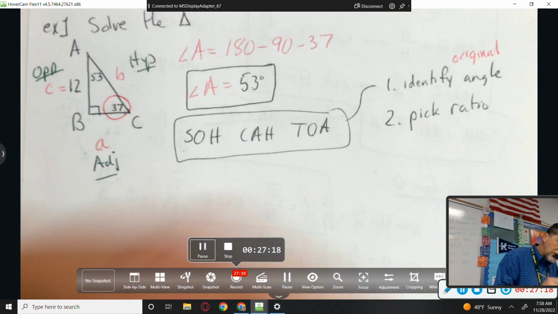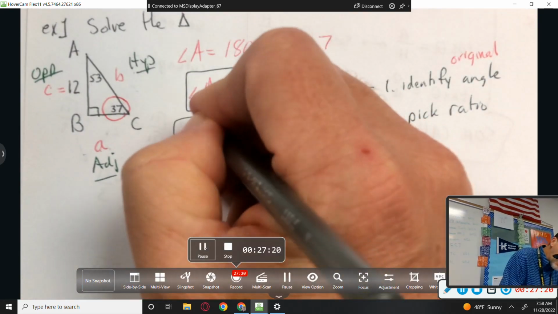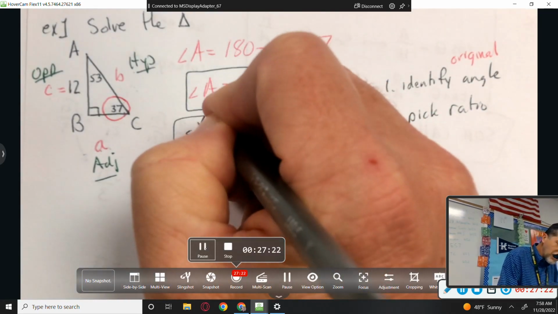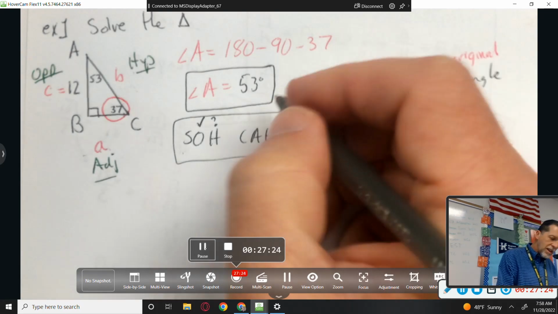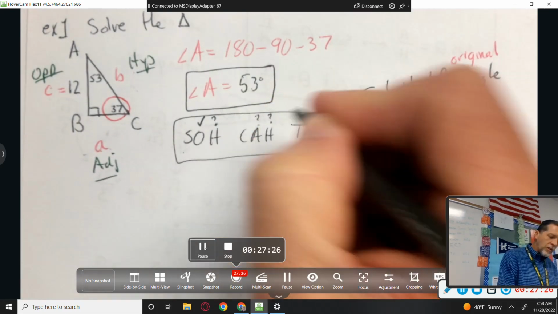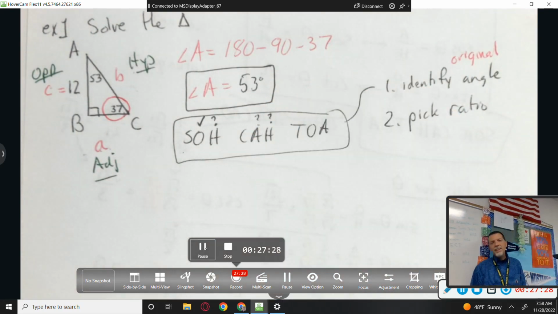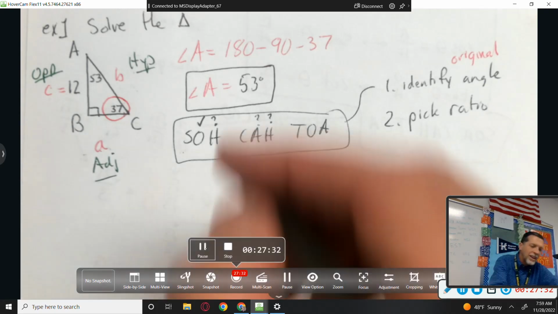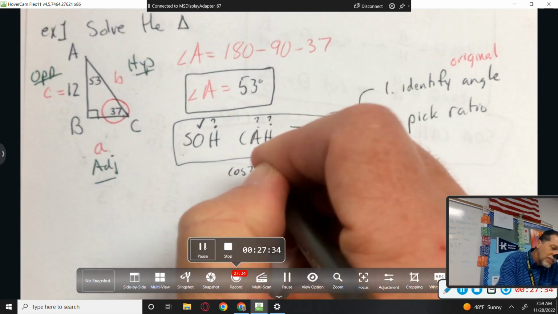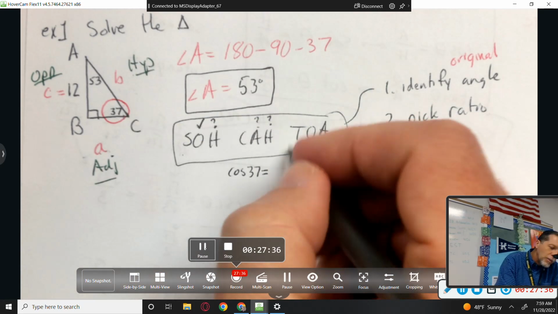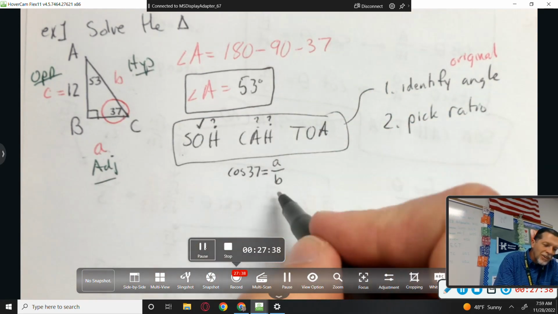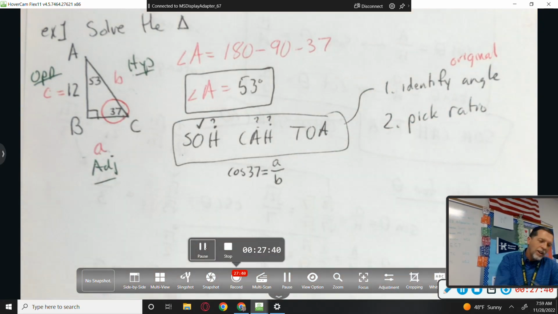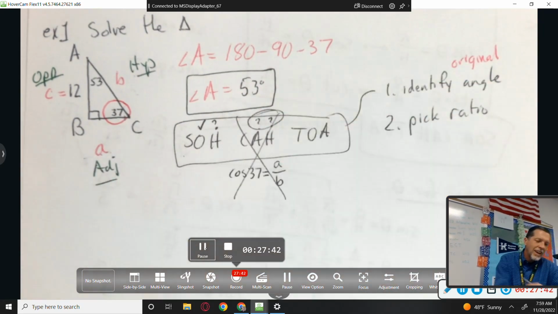Maybe some people will start doing this. So I know opposite, I don't know hypotenuse, I don't know adjacent, I don't know hypotenuse. So I definitely can't use cosine because, I can write it. Cosine of 37 equals A over B, but that doesn't help me because I don't know A or B. So if I got two question marks, I got to throw that one out.